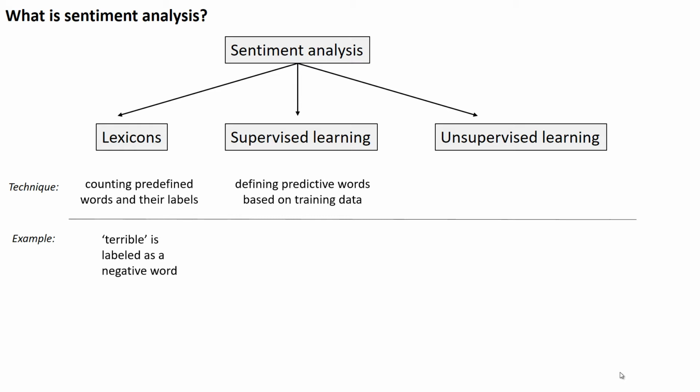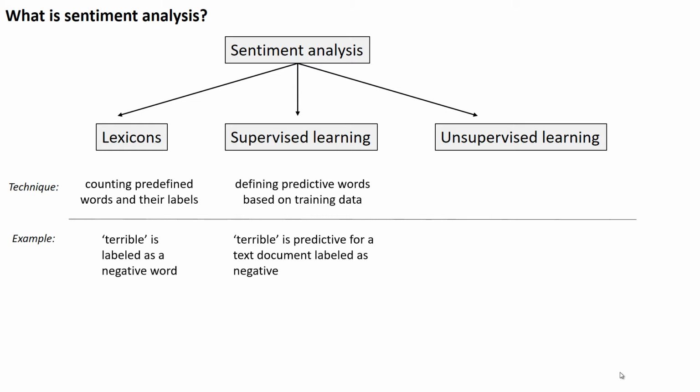The algorithm will then define what kind of words, or combination and order of words, are predictive for a certain label. For example, we hope that the algorithm will find out that "terrible" is predictive for a text document that we humans labeled as negative.